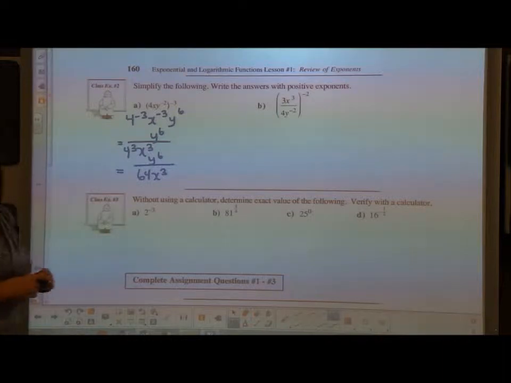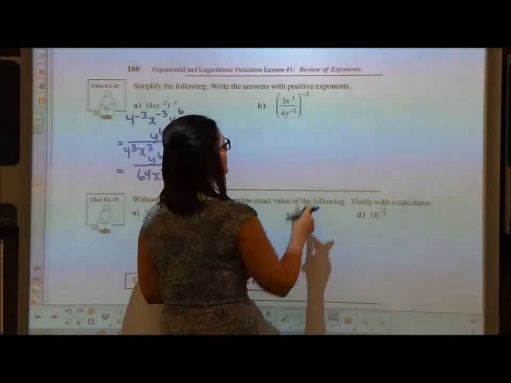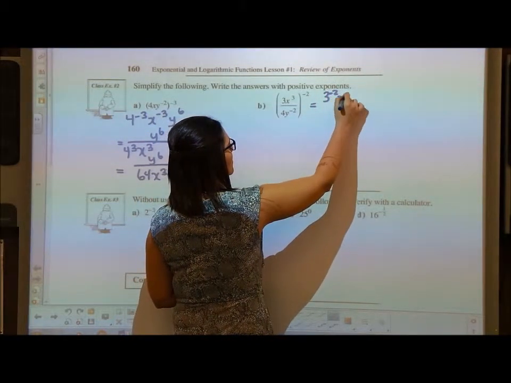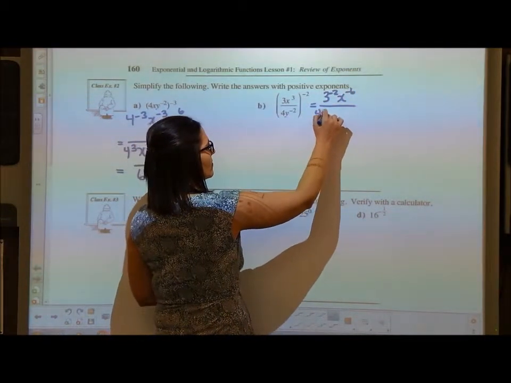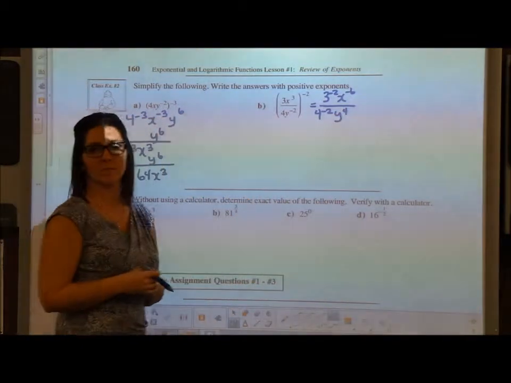So go 3 to the power of -2, which is 1/9. And then it'd be x to the power of -6 on top. Okay. And on the bottom you have 4 to the power of -2 and y to the power of 4.